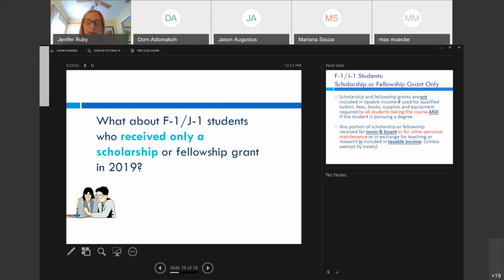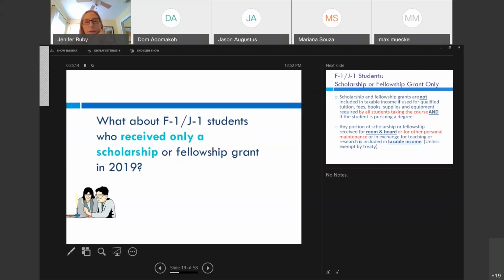The 8843, if submitted by itself, if that's the only form that you're completing, is due June 15th. So you may have heard news reports that the government extended the tax filing deadline to July 15th. That is for tax returns that only include wages or earnings from employment, okay?